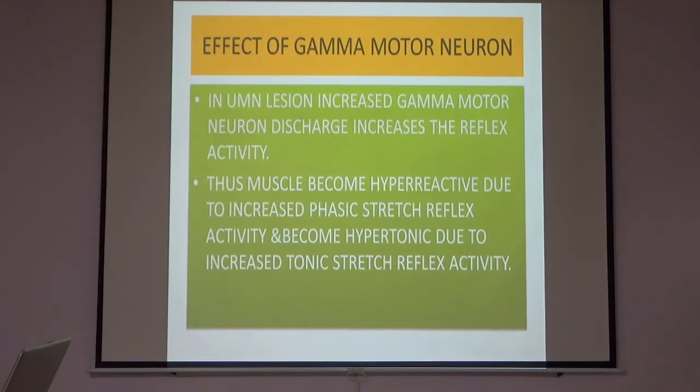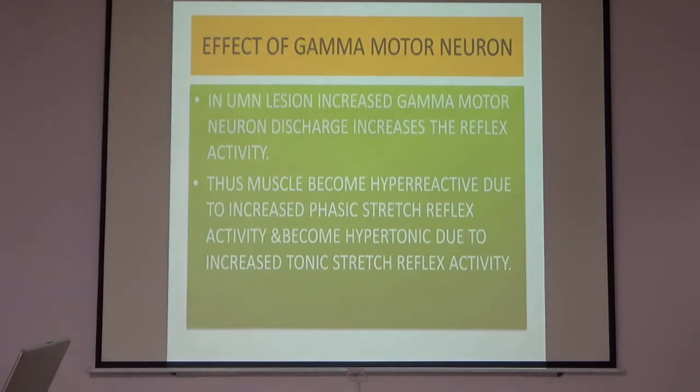This is due to increased phasic stretch reflex activity, and it also becomes hypertonic, due to increased tonic stretch reflex activity. So both happen when there is an upper motor neuron lesion.